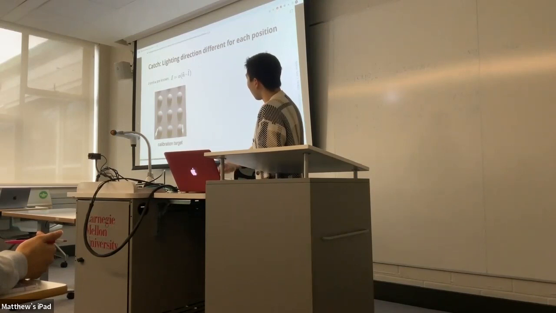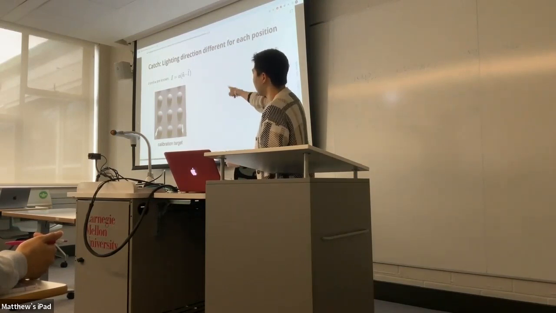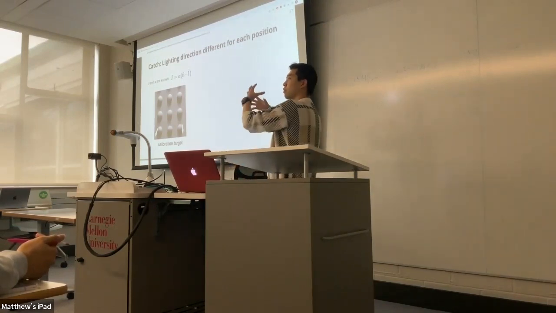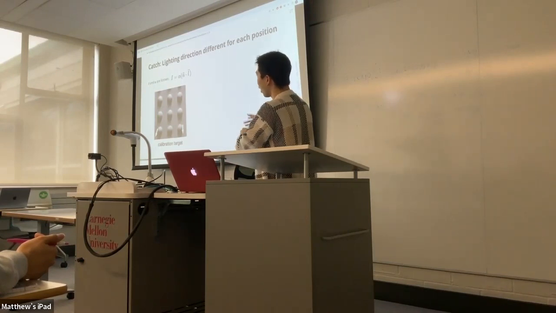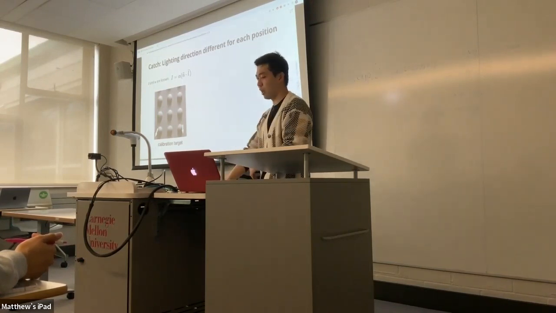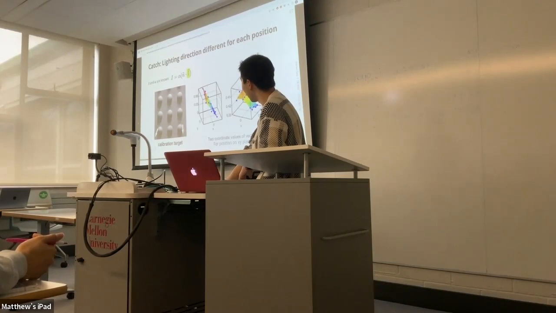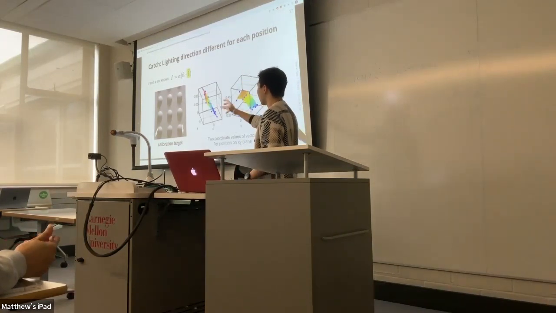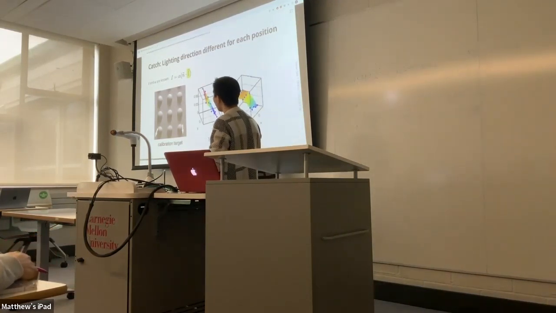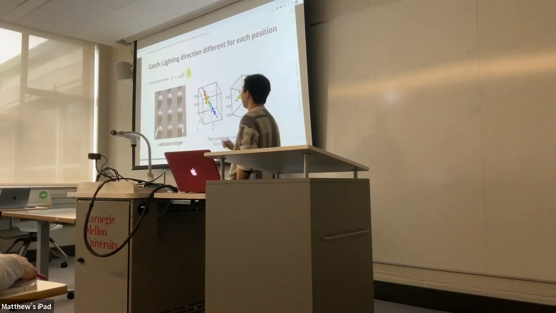And this object is something we actually created using 3D modeling, so we exactly know what the shapes are like. So what we're going to do is take each of these circles here, and we know their normals. So what we want is the light direction at each position of the spheres.